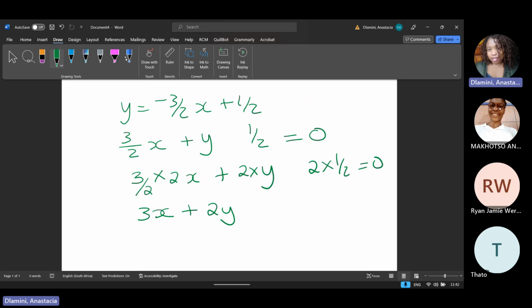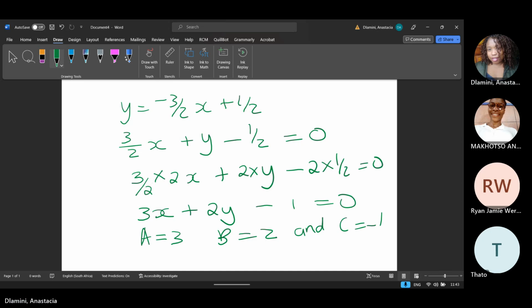So then this becomes positive, negative, negative, -1 equals 0. Then I've represented this equation in a general equation of a line where A is equal to 3, B is equal to 2, and C is equal to -1. Are you okay on that one? Yes, ma'am. Thank you.